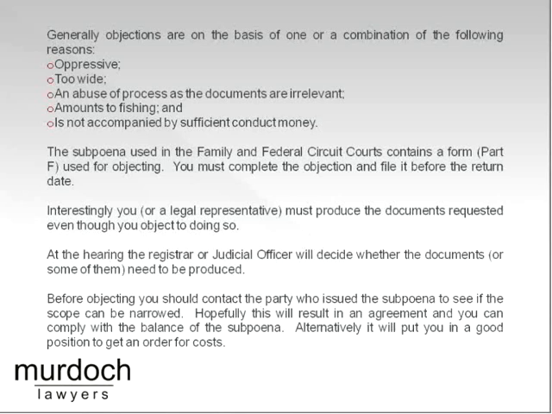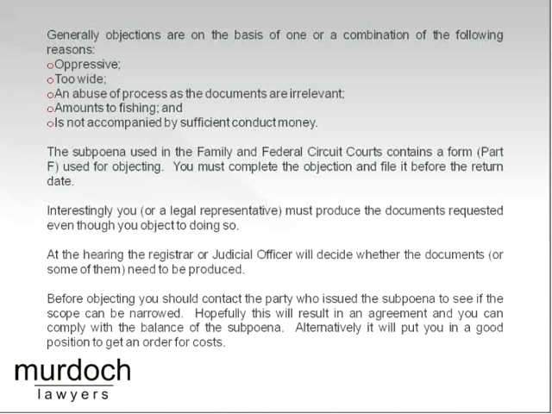Now, if you're served with a subpoena from the Family or Federal Circuit Court, you'll see in that document, in Part F, there is a part in there which you can use to object. And it's very straightforward. Basically, you just have to complete your name and then the basis of your objection. So, for example, it was too wide, the documents don't exist, I didn't get proper conduct money, or whatever the basis of the objection was.